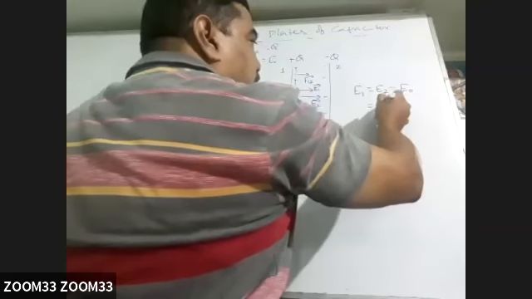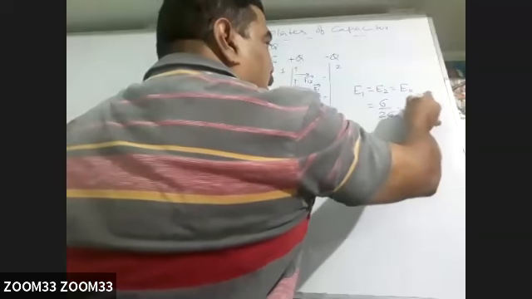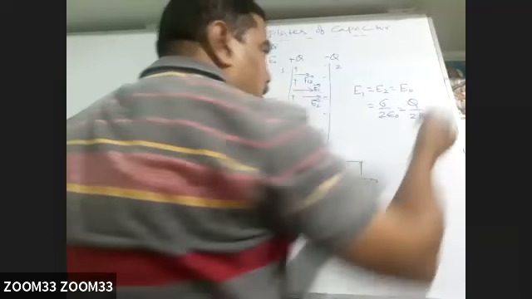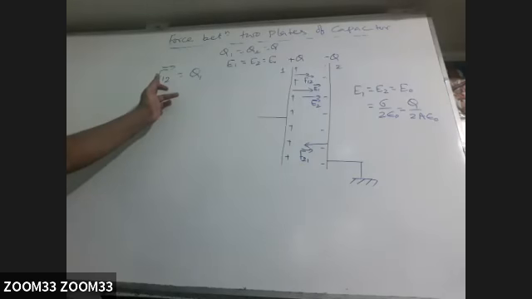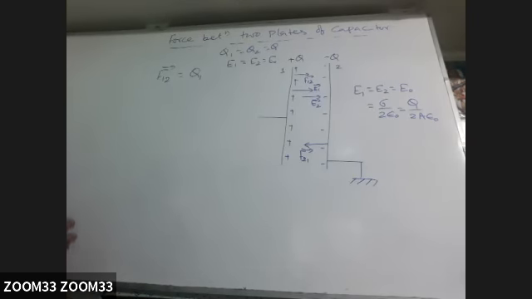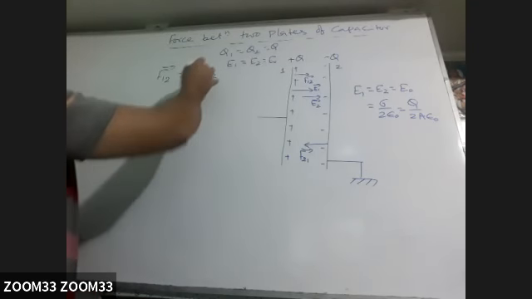And what is the magnitude we are knowing? That will be how much? Sigma over 2 epsilon naught, or Q over 2A epsilon naught. That is the electric field. So force experienced by first plate due to second plate will be charge of the first plate and electric field produced due to second one.